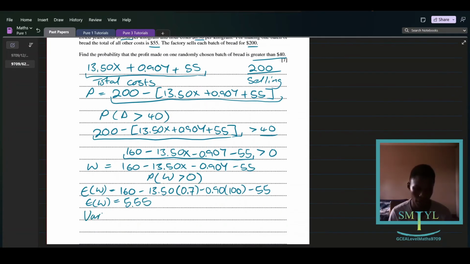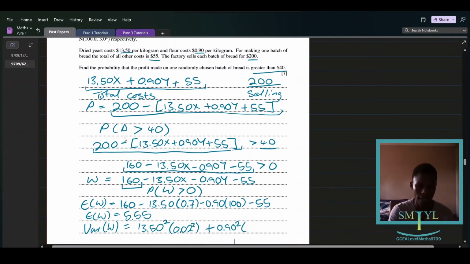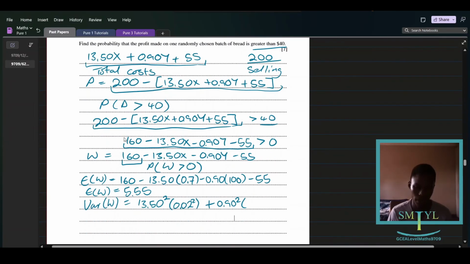So the variance of W is equal to, the 160 doesn't have a variance since it's a constant, so that would be 13.50 squared times the variance of x, which is 0.02 squared, plus 0.90 squared times the variance of y. The variance of y is 3.0 squared.